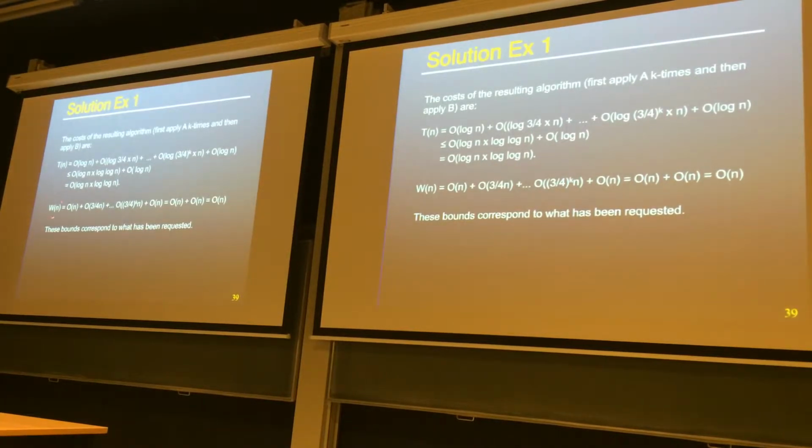Then what's the total amount of work? Well, the amount of work is determined by the amount of work of A, this part, and the amount of work of B, that's this part, it was the O of n. The amount of work is the O of n, the O of 3/4 of n, O of (3/4)^k of n, and of course we know that the sum of this series converges to a constant times n, and that means the O of n.